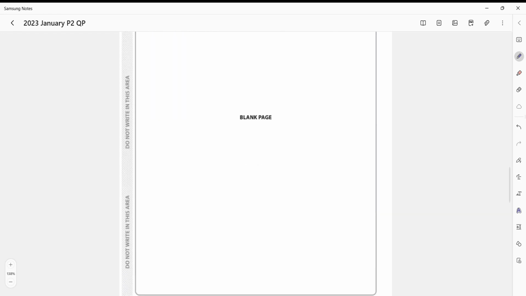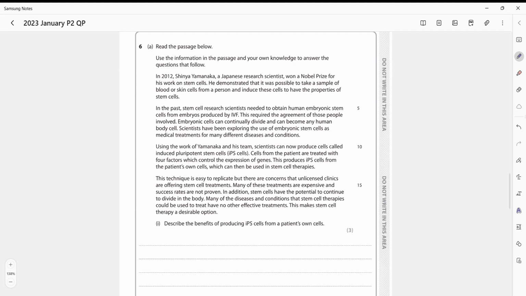Okay, let's move on to question 6. I'll give you some time to read through it and we'll go through the questions. Part 1: describe the benefits of producing iPS cells from a patient's own cells. Because you're using the patient's own cells, they're going to be genetically identical to the patient.